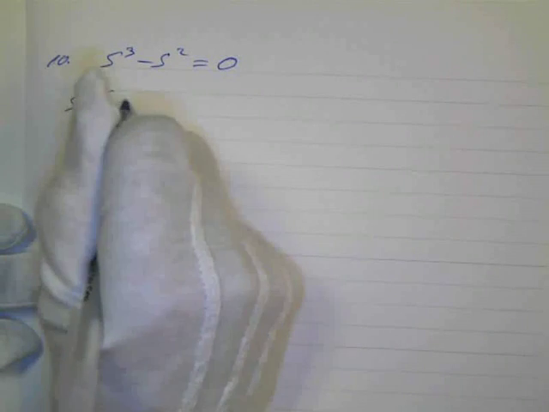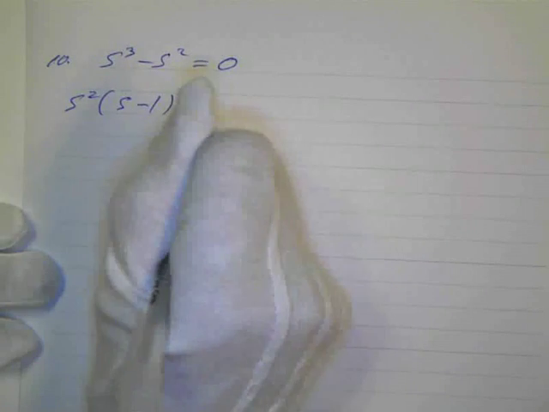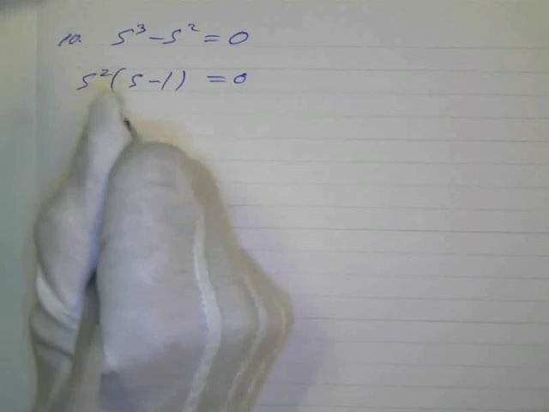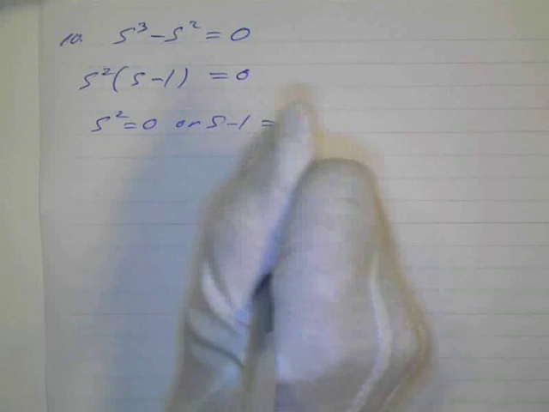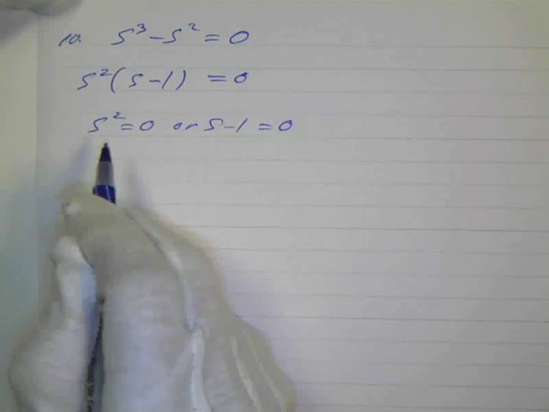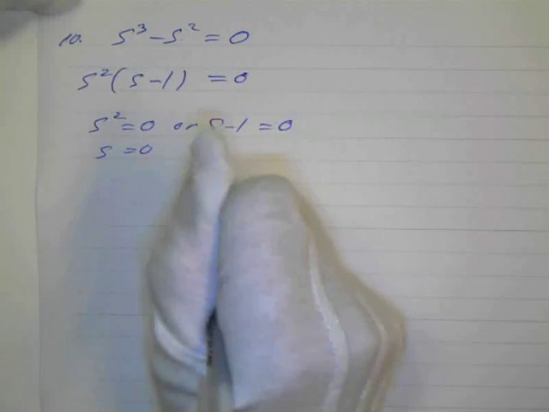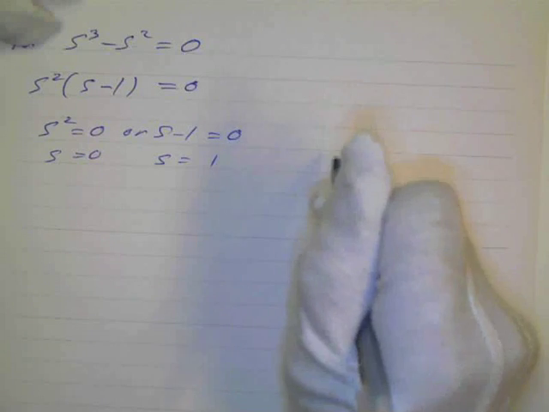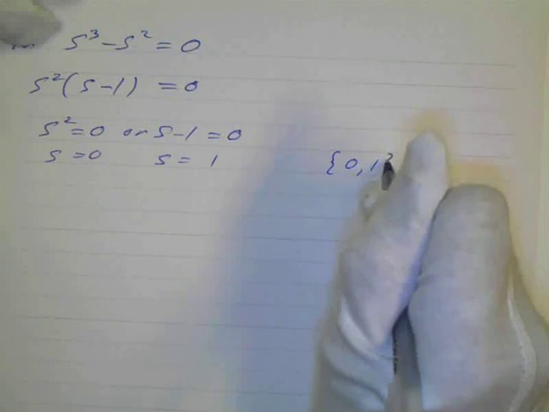And s squared goes into s cubed s times, and s squared goes into s squared 1 time, so s minus 1 equals 0. So we know that either s squared equals 0 or s minus 1 equals 0. Well, if something squared is 0, that something must be 0, so s equals 0 or s equals 1. So my solution set would be the set containing 0 and 1. Those are the solutions.